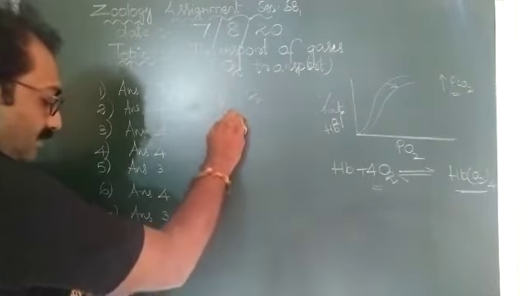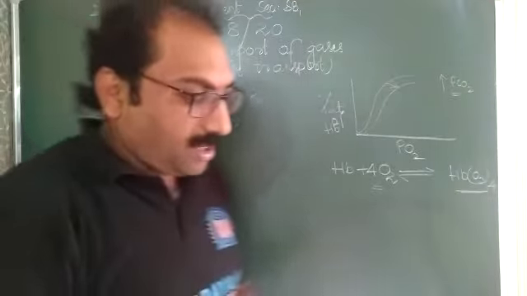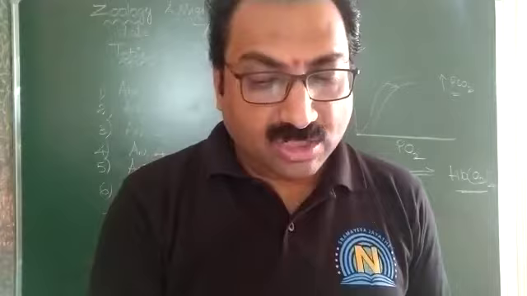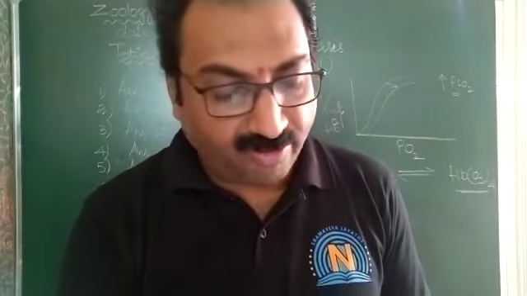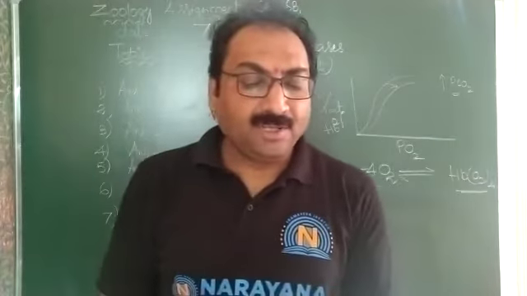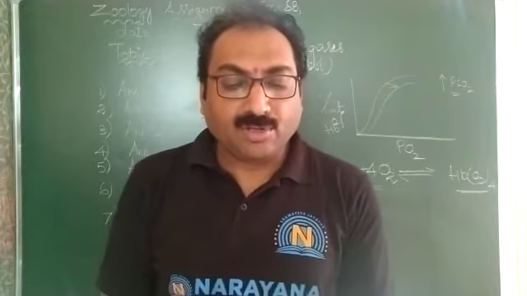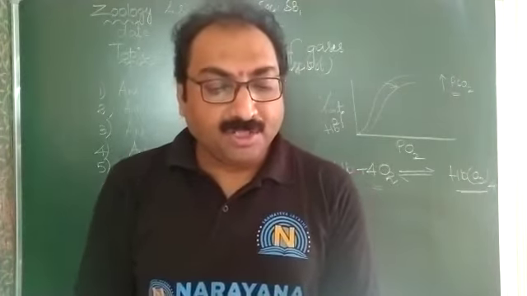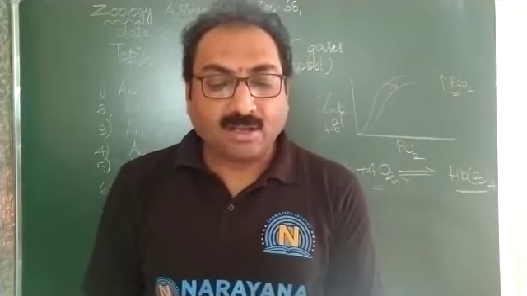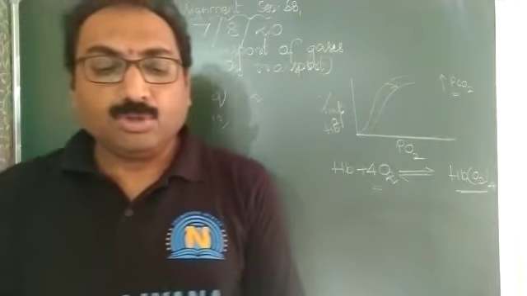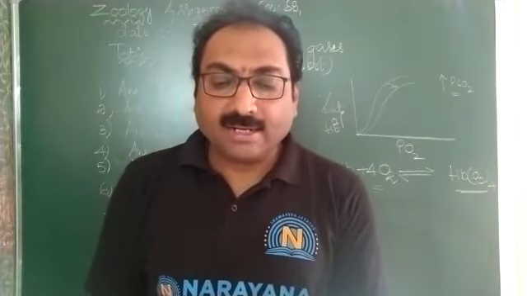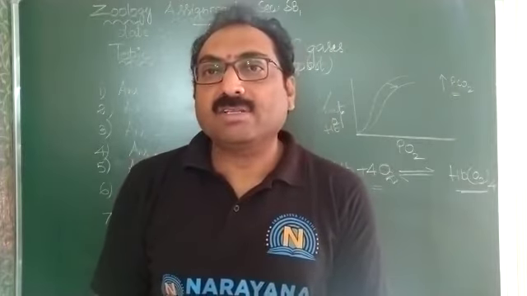And 10th question, the most important physiological feature of hemoglobin is, it is red in color, or its ability to combine reversibly with oxygen, or presence of basic protein globin and presence of iron. The most important physiological feature of hemoglobin is that it can combine with oxygen in a reversible manner.